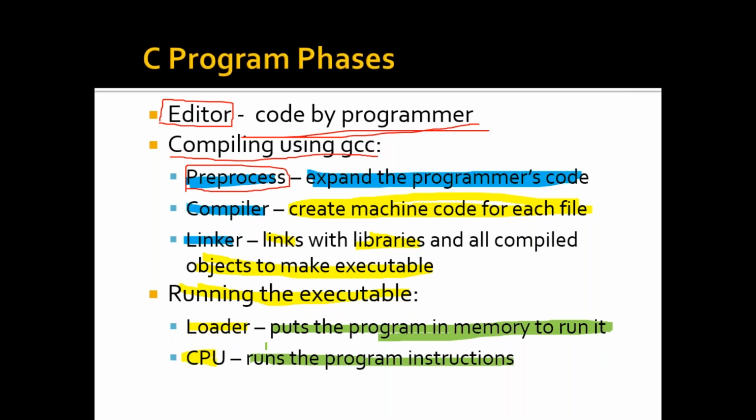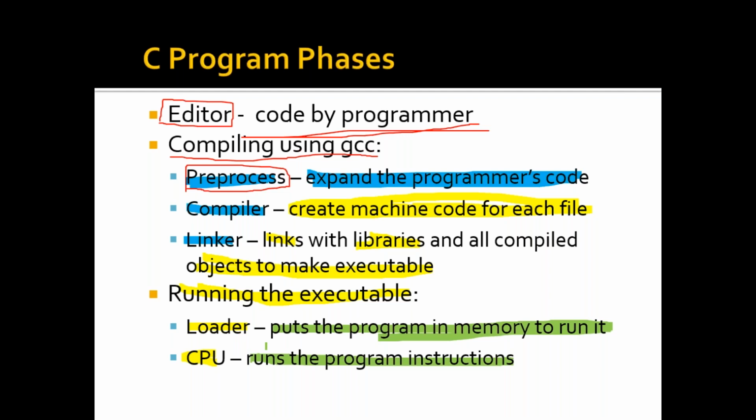So in C++ phases, first the editor: the programmer writes the program. The preprocessor expands the program code. That means the programmer has the ability to write the code, and when they finish it, we use the compiler to check if this code is true or if there is any problem. As we know, I explained the meaning of compiler in chapter 1. What is the meaning of compiler?